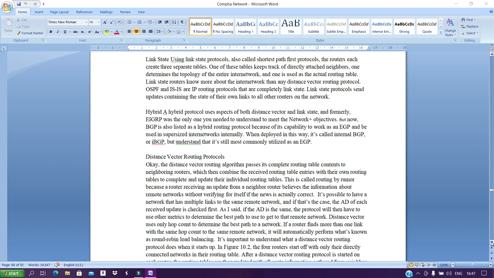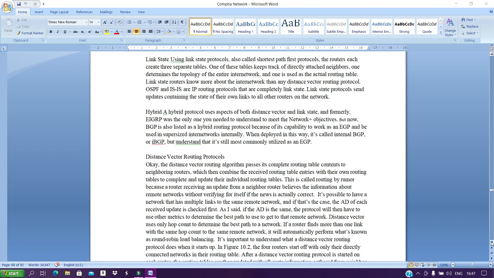Link state. Link state protocols are also called shortest path first protocols. The routers each create separate tables. One of these keeps track of directly attached neighbors, one determines the topology of the entire internetwork, and one is used as the actual routing table.